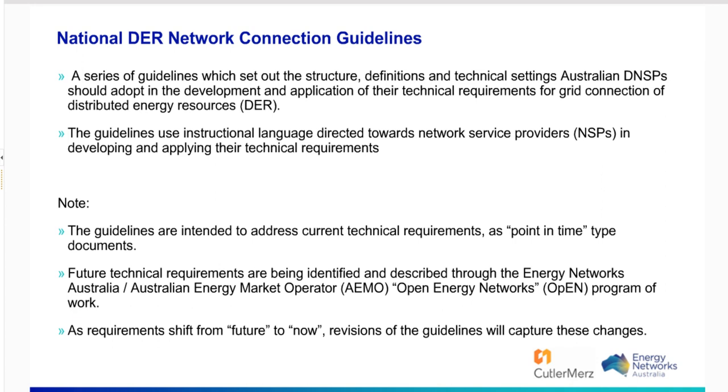To ensure that they can adapt to changing requirements, we've built a review process into the guidelines to allow them to be updated quickly going forward. So as things come forward through, say, another program that Energy Networks Australia is doing through Open Energy Networks, they can inform these, or if new rule changes come through, we've got a process to revise those quite quickly as needs arise.